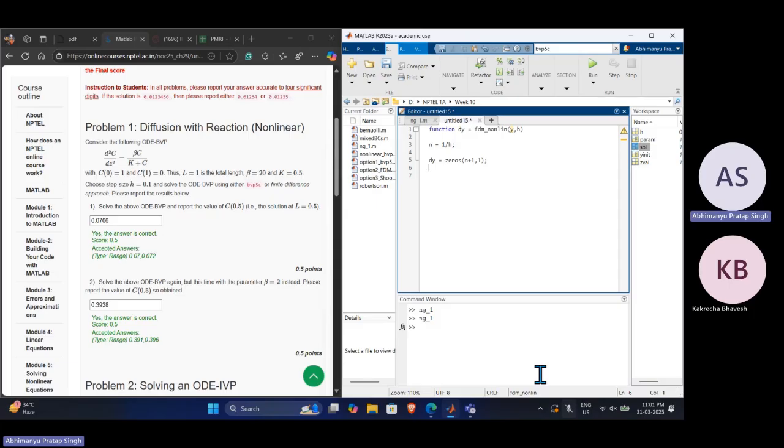So the first term we already know. Let us just write what all we know. We know that y1 is equal to 1. We know that y n plus 1 is equal to 0.